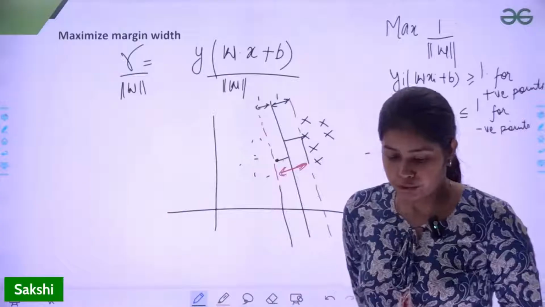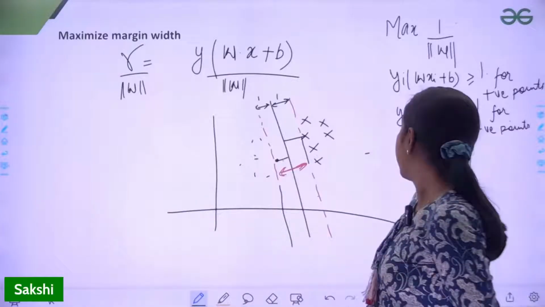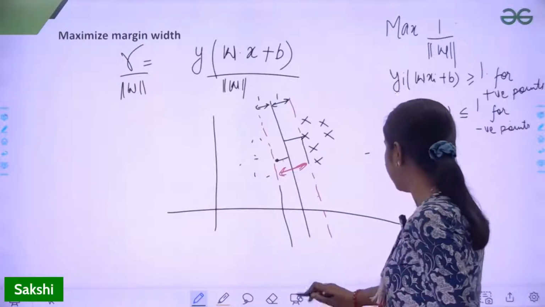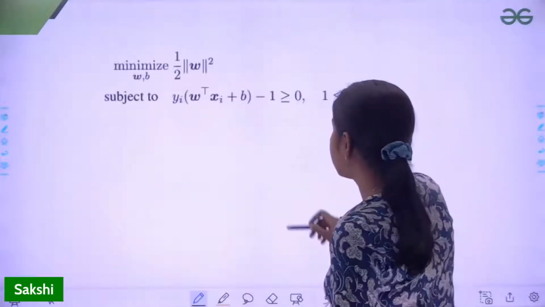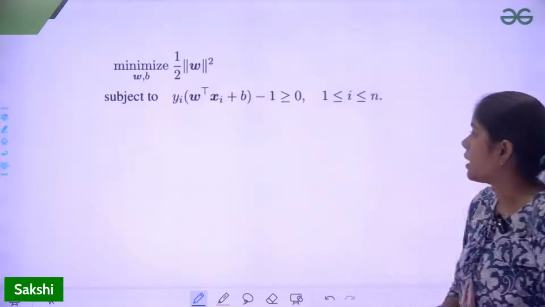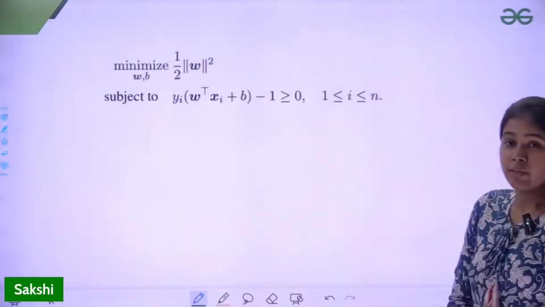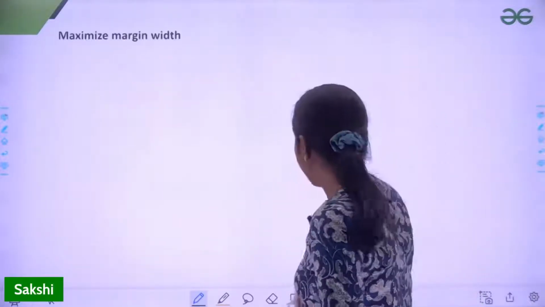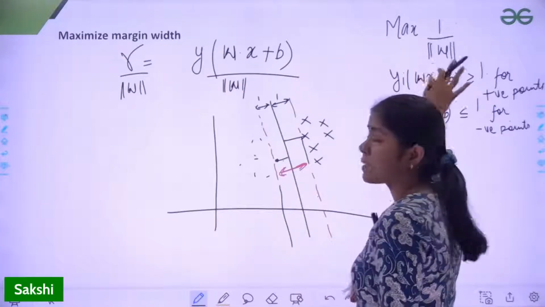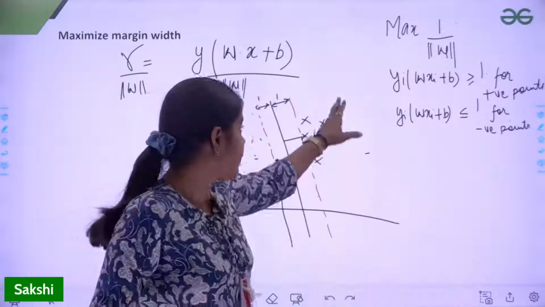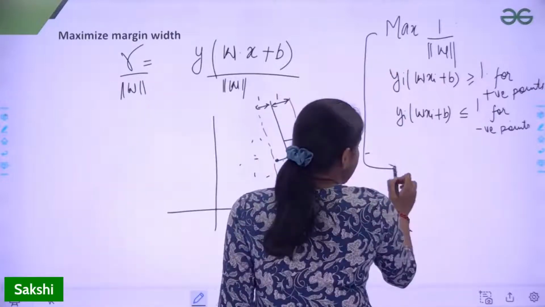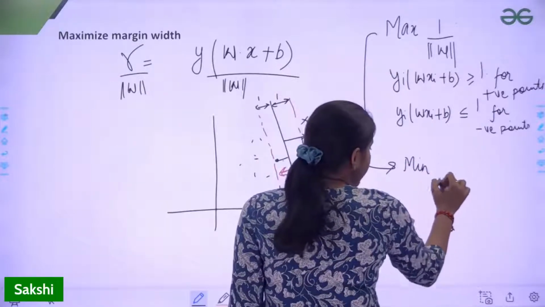Right? Can I say that we have to minimize over W comma b? Previously the problem was to maximize 1 by norm of W, right? Can I write this as minimize norm of W?